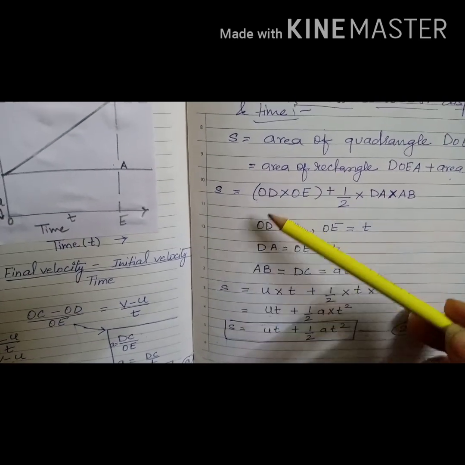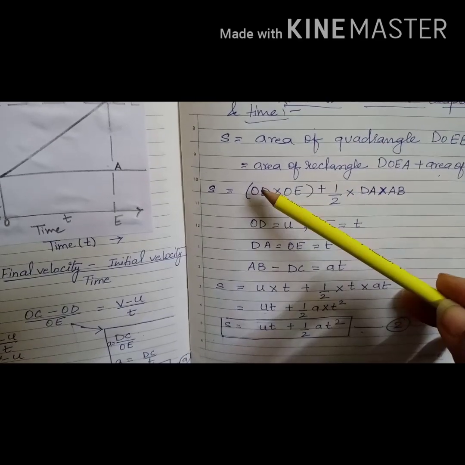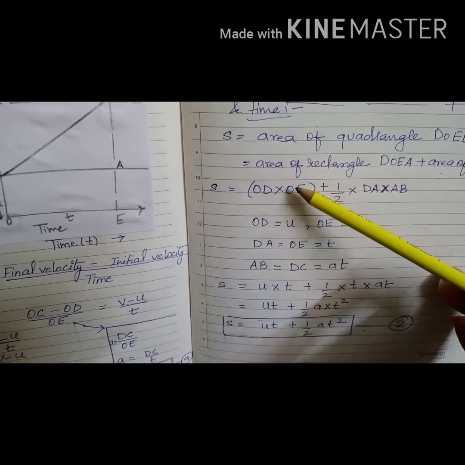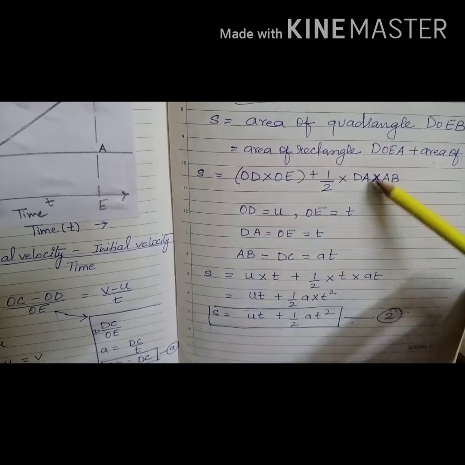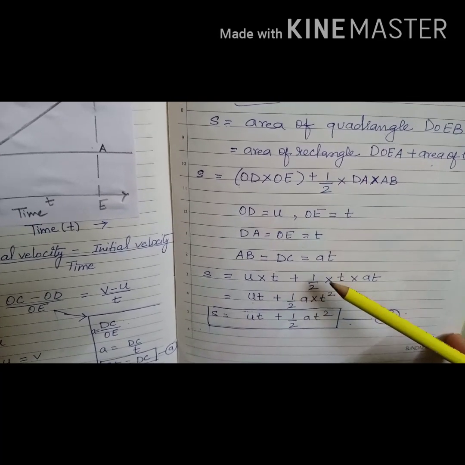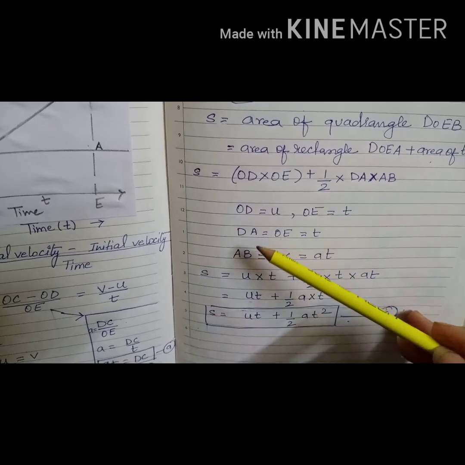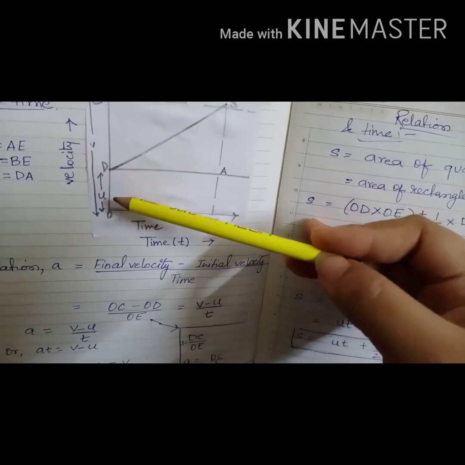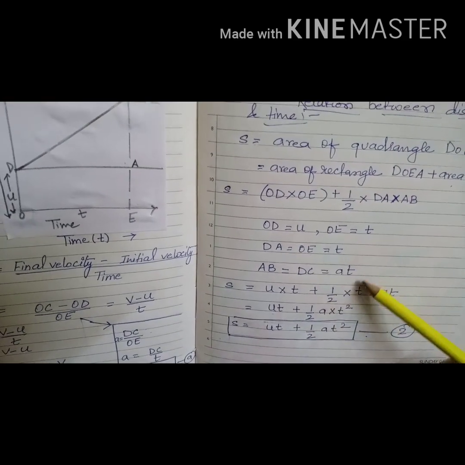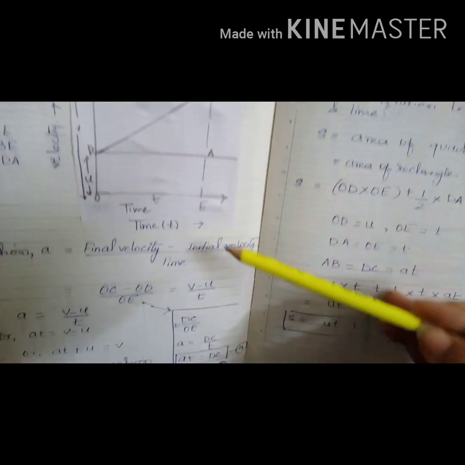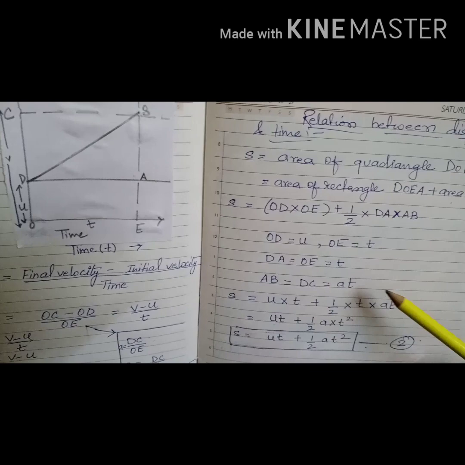So S equals, now we have got all the values: in place of OD, U, OE, T, then plus half, then DA we have t, DA which is similar to t. Okay, and in place of AB we have got AT.